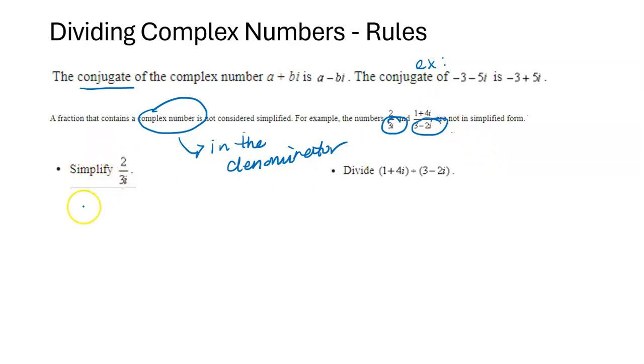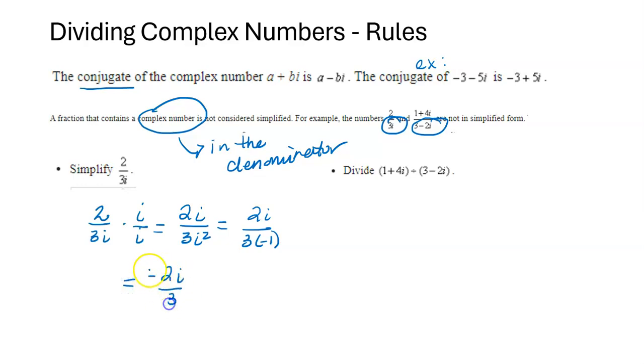To simplify this, I'm going to multiply by i over i, because anything over itself is equal to 1. So I end up with 2i over 3i squared. Again, keep in mind, i squared is negative 1. So this is 2i over 3 times negative 1, which is equal to negative 2i over 3.